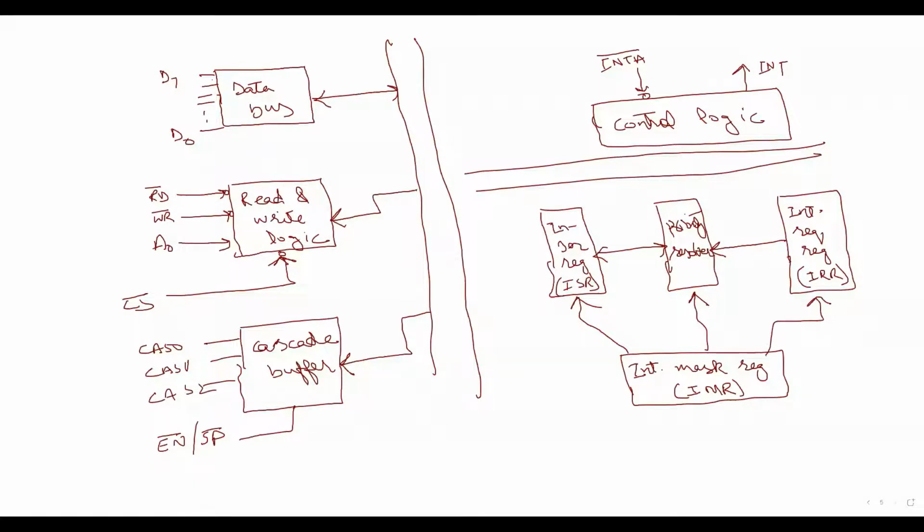Now let's see how the operation goes on, how the interrupt operation is happening. By describing the interrupt operation, I will also describe the functionality of all these components here. So let me describe the interrupt operation.